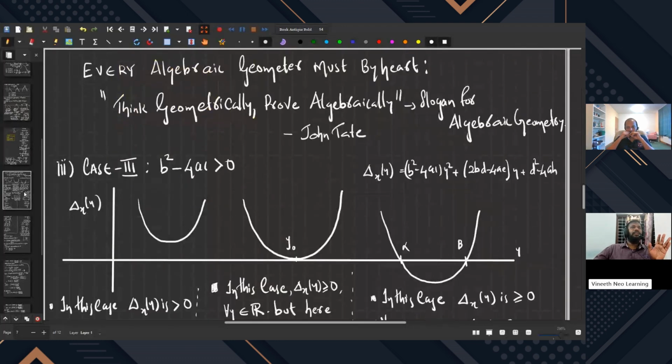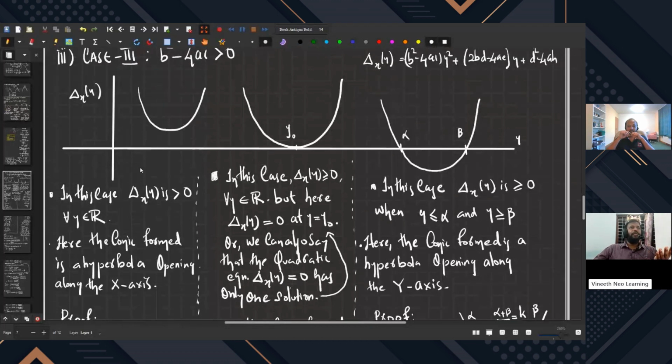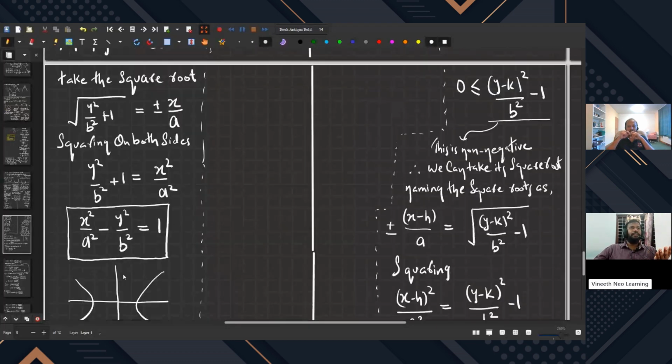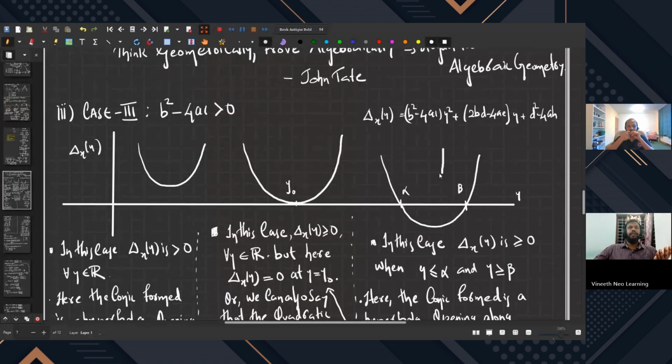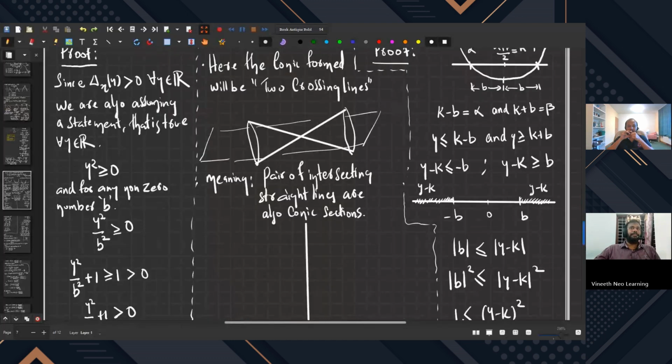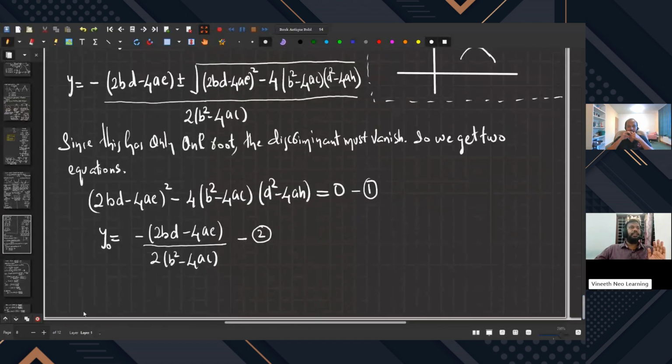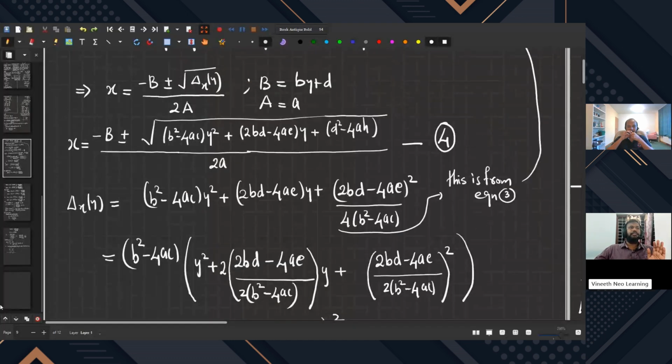Then the case where b square minus 4ac is greater than 0, where a hyperbola along the x-axis, a hyperbola along the y-axis, and a pair of straight lines can be formed. That is how we can classify these conic sections algebraically.